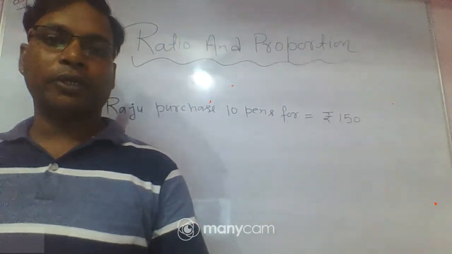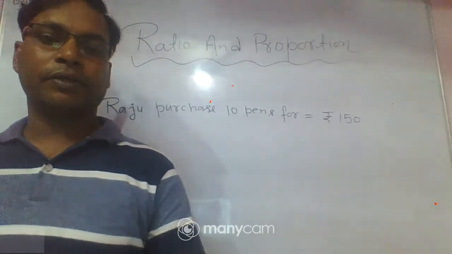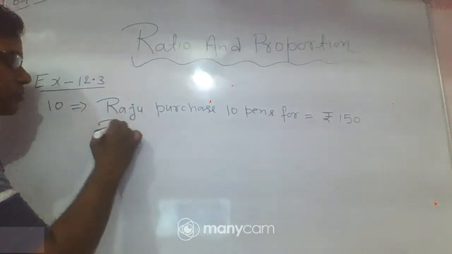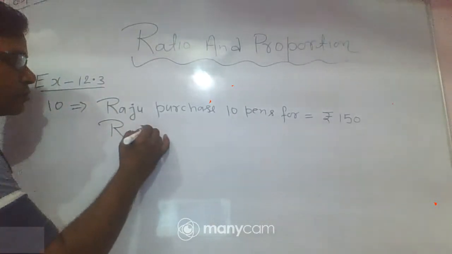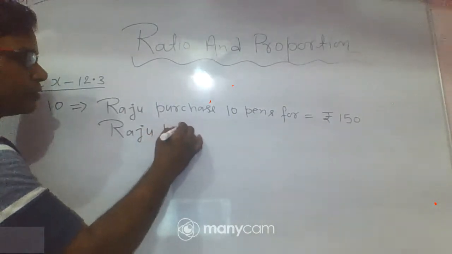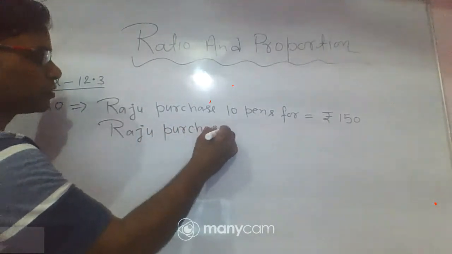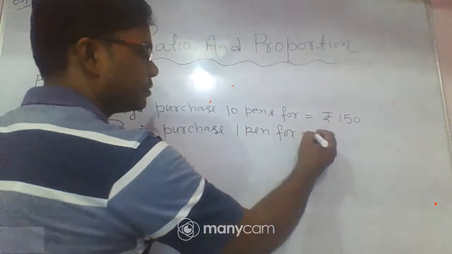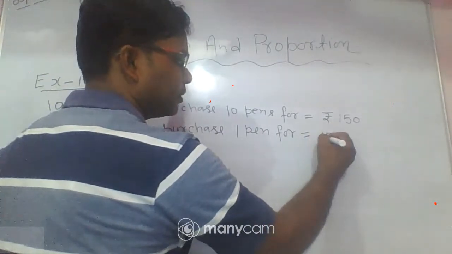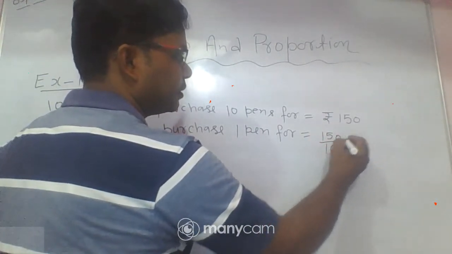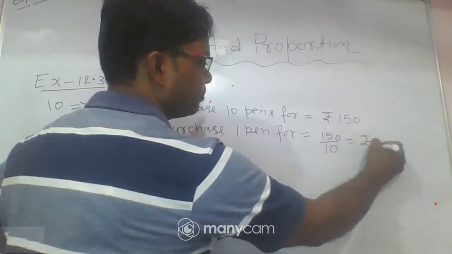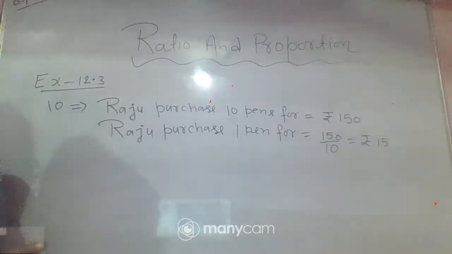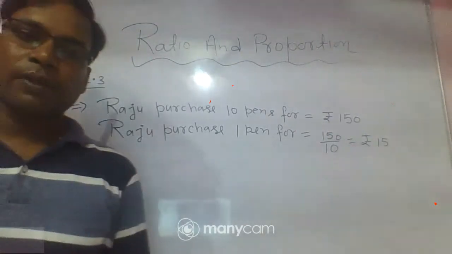So we find the cost of one pen purchased by Raju: 150 by 10, this is equal to 15 rupees.